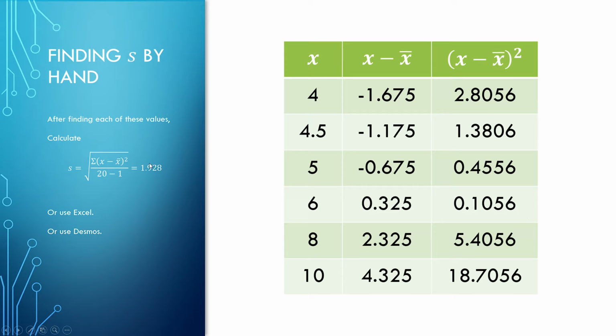You add all those together, and then you divide by, since it's a sample, 1 less than your sample size, square root that, that's your standard deviation. So, hey, if you took the time to do this by hand and you got 1.928 as your standard deviation, very well done. Or you could use Excel. Or you could use Desmos.